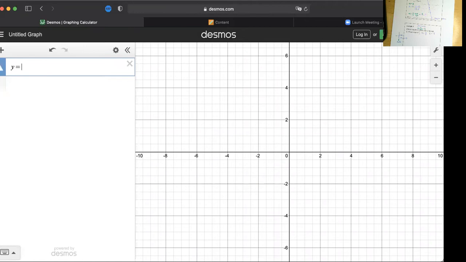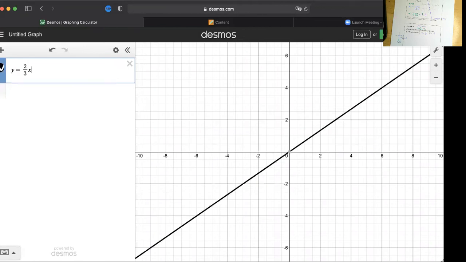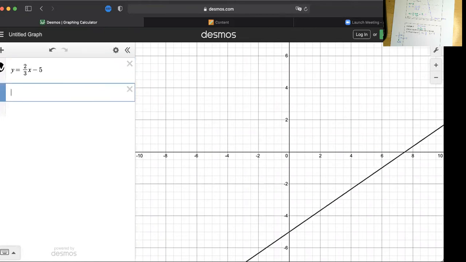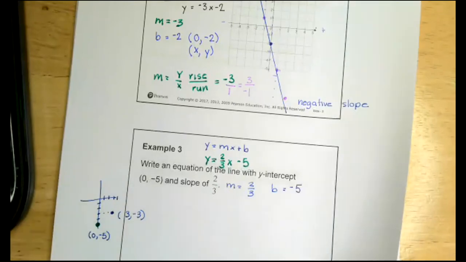So the equation I found was y equals 2/3 x minus 5. And my points are 0, -5. That looks like it's on the line. And then 3, -3. Also on the line. So I'm okay.